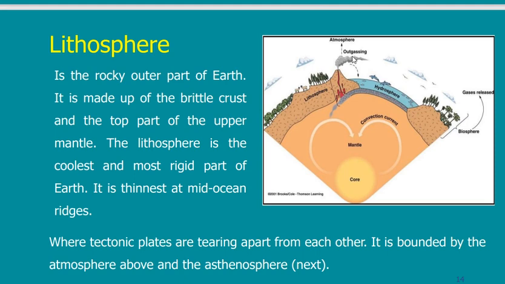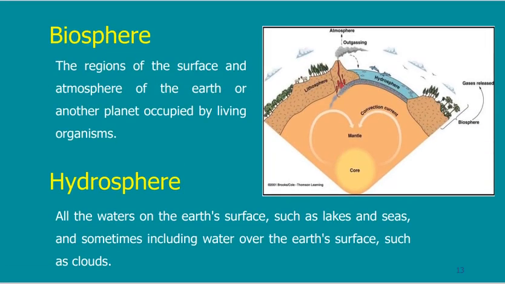I try not to confuse you by different terminologies, because you may find somebody saying that the crust is the coolest place and somebody else saying that the lithosphere is the coolest place. Yes, they are both. Somebody saying that the biosphere is located at this location and the hydrosphere is located at the same location. How come? Because we are looking at this place from different perspectives. One from the biology perspective and the other from the hydrology perspective.